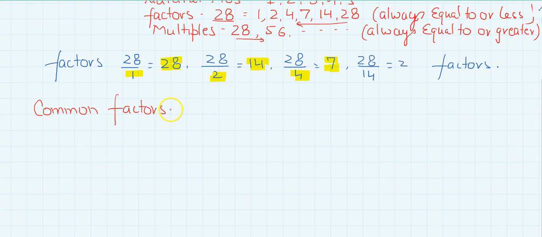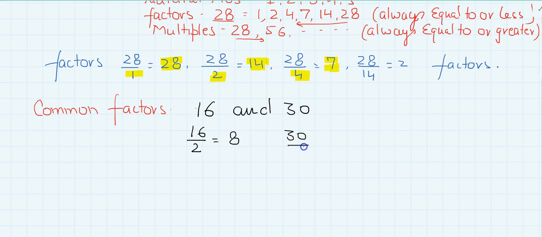Now what are the common factors? Common factors are the numbers or a number which divide both the given numbers. For example, we have 16 and 30. Let's divide 16 by 2. We get 8.